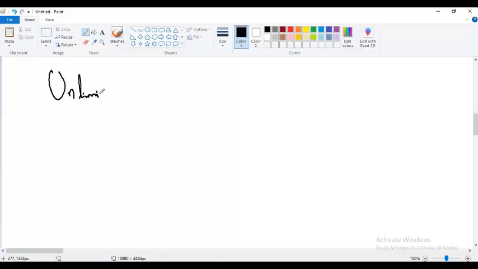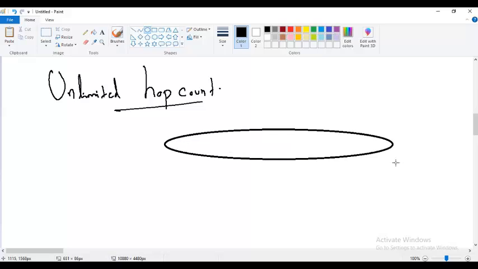How is that possible? It is possible because OSPF follows a hierarchical design. You will have a group of routers called as backbone, and you got again another group of routers, non-backbone. Like this, you will have many non-backbone areas.